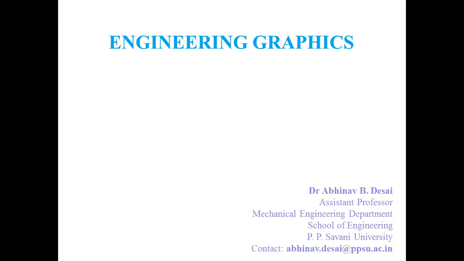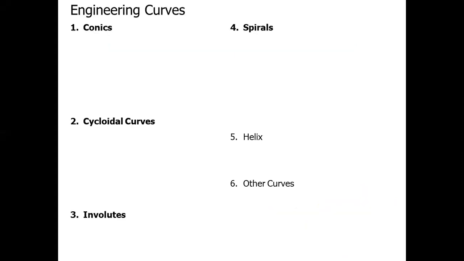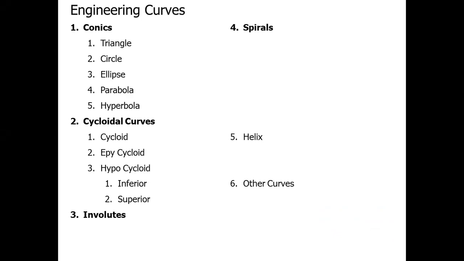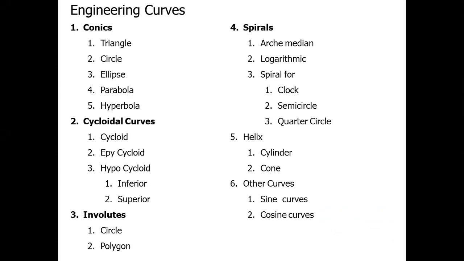So my screen is visible to you. Fine. So we discussed initially what are the different kinds of curves that we are going to learn as engineering curves. There are conics, cycloidal curves, involute spirals, helix, and other curves. And we also saw what the sub categories of these curves are.